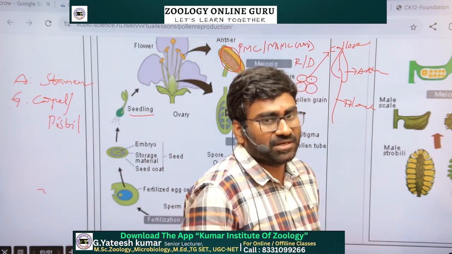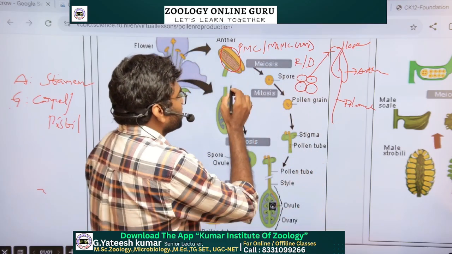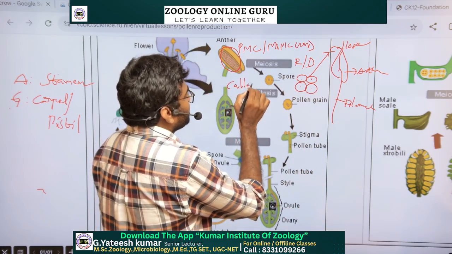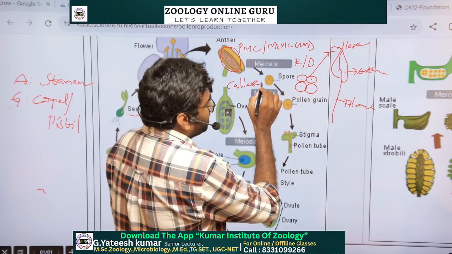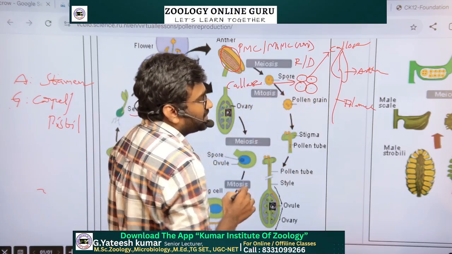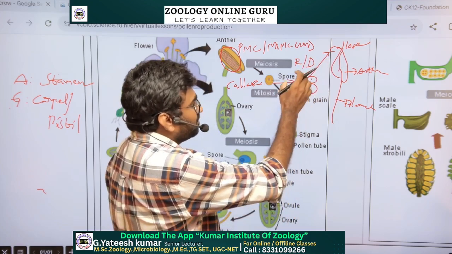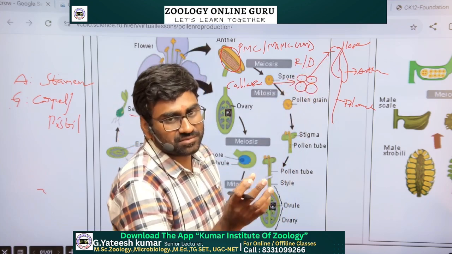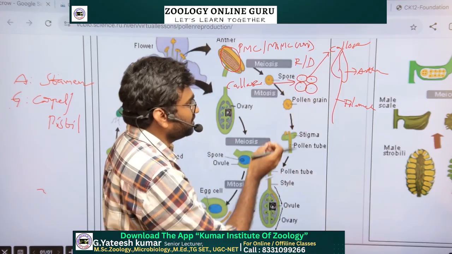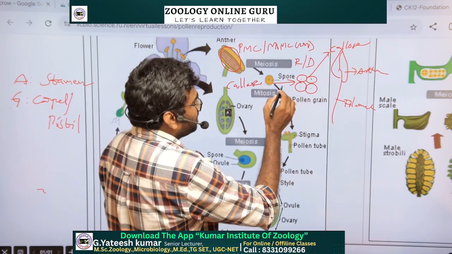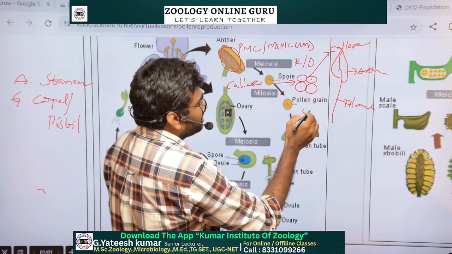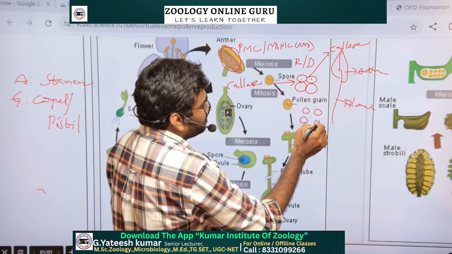That tapetum produces the enzyme callase. This callase enzyme breaks down the callose so that all the microspores dissociate from each other, and now the microspores are all free microspores.